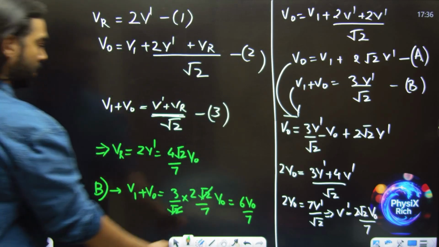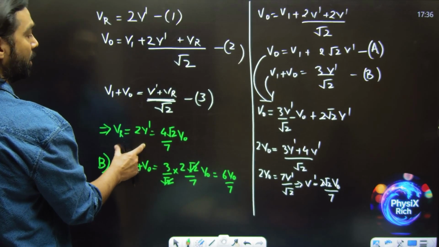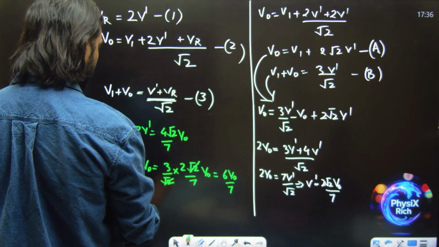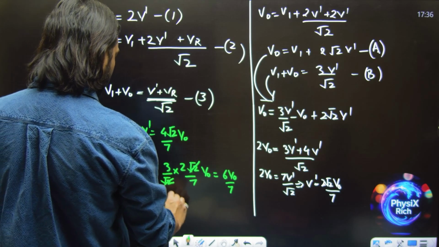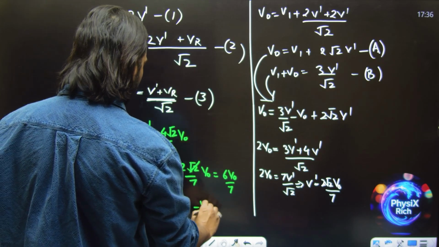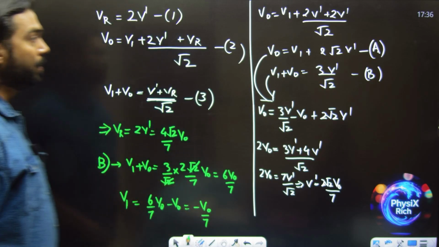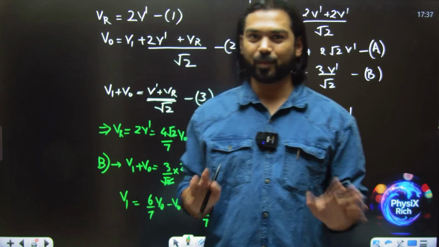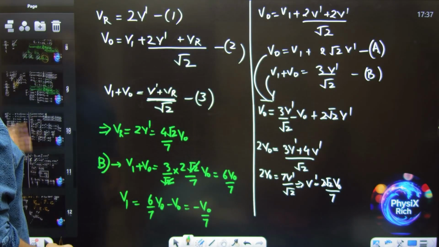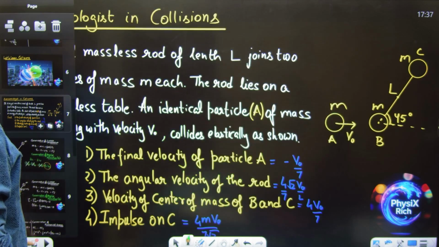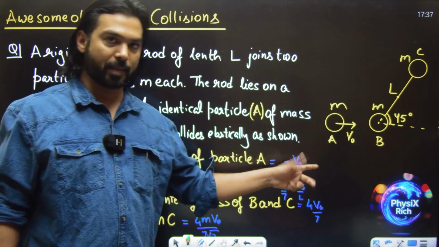Okay, and as you can see, I am approaching the answer yet again from here because I am going to get V1 equals to 6 by 7 V naught minus V naught, which is equal to minus V naught by 7. And this is exactly what V1 came out in the previous analysis, just the same. Okay, so you see that, guys, we can easily answer all these questions quite comfortably. We have found out the final velocity of the particle A as minus V naught by 7 again.